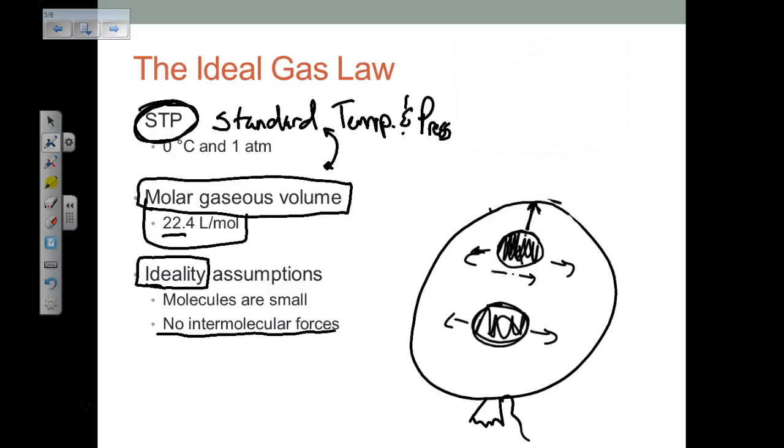So this big molecule may move just as much as the little tiny one, but the space it takes up is going to be much bigger. So the assumption is that gases are small. In fact, that the molecules of gases are so small that they take up 0 space compared to the size of its container, and that's an important assumption.